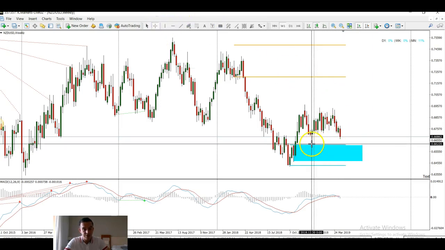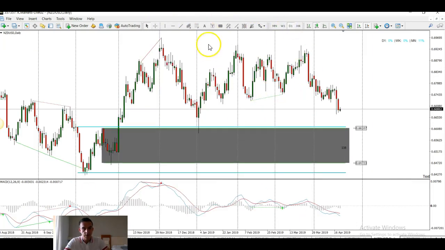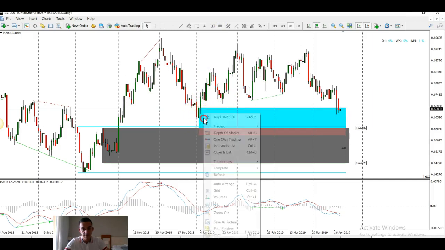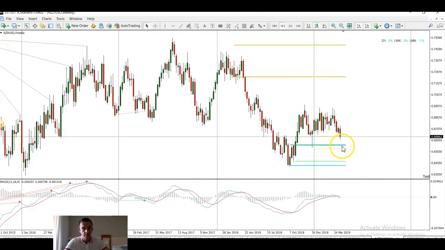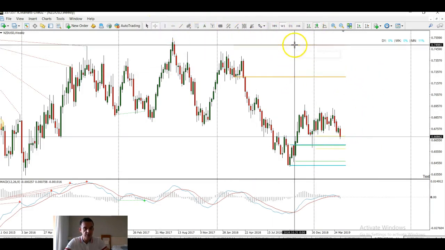It's already kind of tested this area in the weekly. This flash crash, I think. So I move back down towards here. First test of this area here. Daily. So I'm liking this to maybe drop a little bit further, then a good buying opportunity. Longer term targets up towards 72, 73.